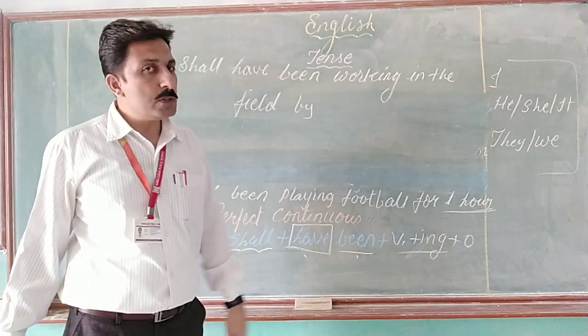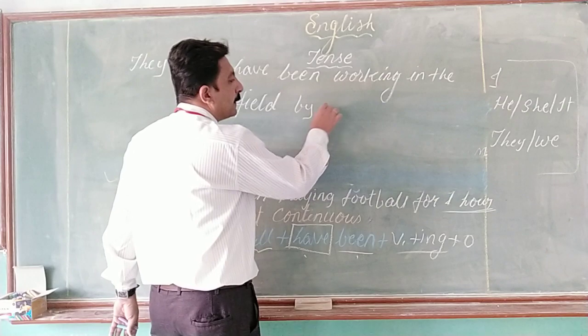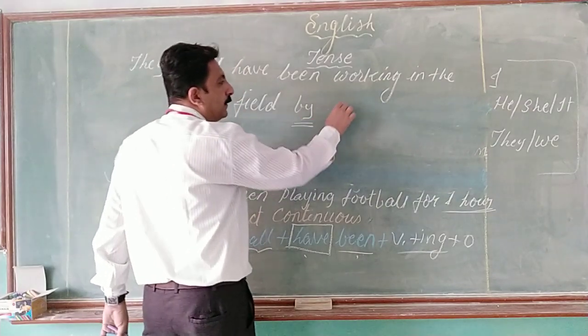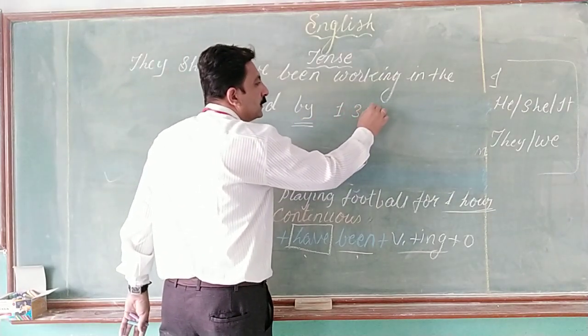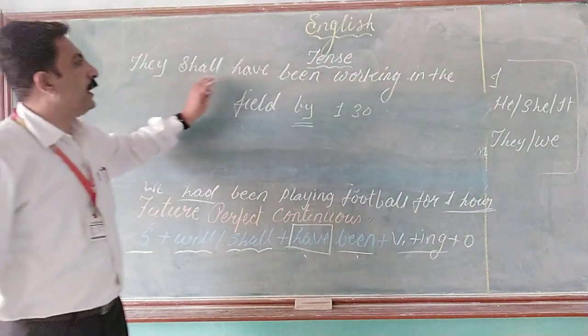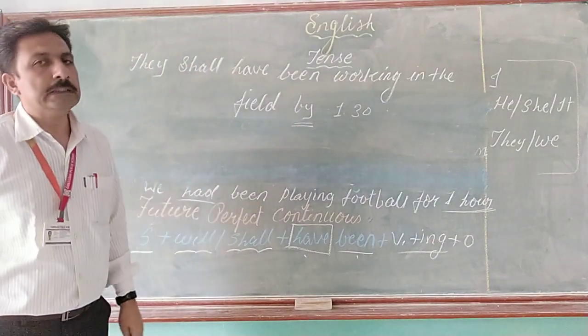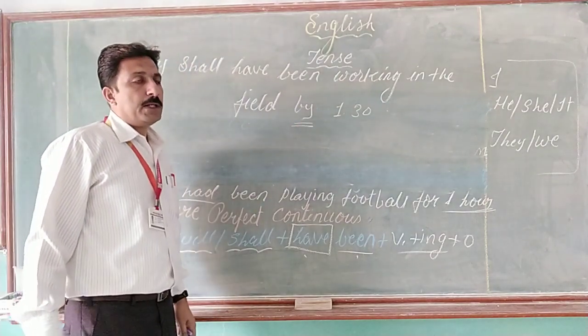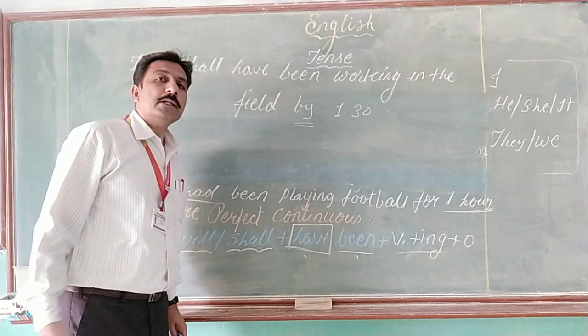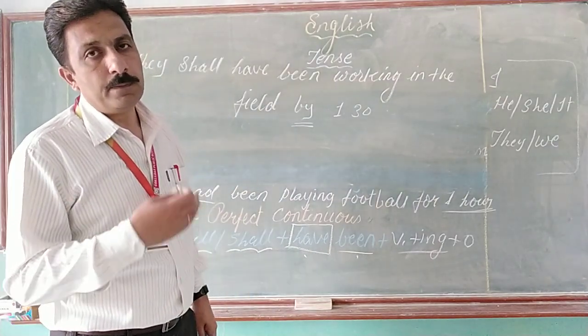Usually we don't use "since" or "for", but we add the time with the word "by". So the sentence is, they shall have been working in the field by 1:30. It is of much importance that in future, till what time the work will be going on. It will continue.